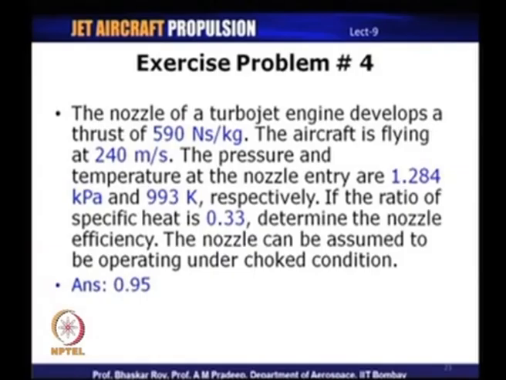The nozzle can be assumed to be operating under choked condition. So, here it is specified that the nozzle is operating under choked condition, which means that the exit pressure is the critical pressure and so on. We need to find the nozzle efficiency, the thrust is given, the flight velocity is given, and nozzle entry conditions are also specified. So, the nozzle efficiency is 0.95.